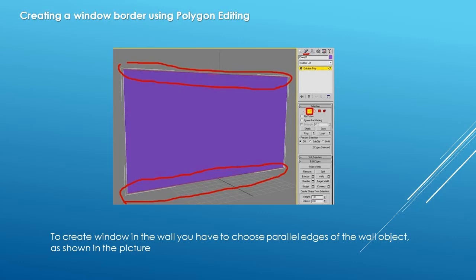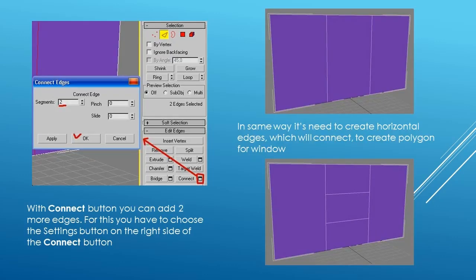Creating a window border using polygon editing. To create a window frame in the wall, you have to choose parallel edges of the wall object as shown in the picture. Next step, with the Connect button command, you can add 2 more edges.